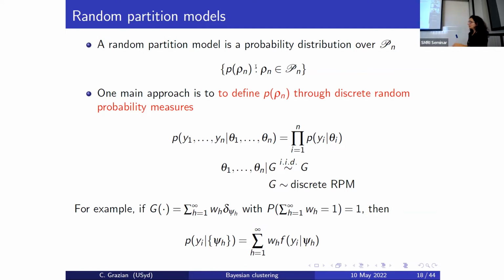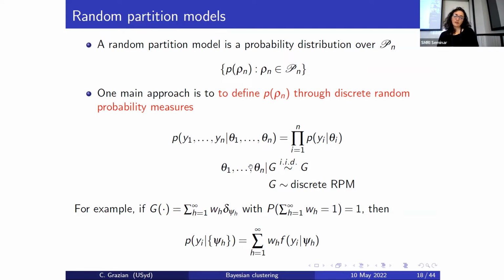But what you actually do is define a model for the observations and then some type of prior for the parameters of this model. And then this induces a model or a distribution on the partition as well. And so you study the effect of implying this type of model on the partition.